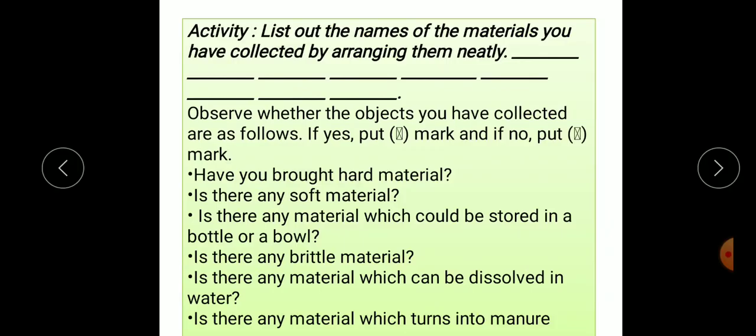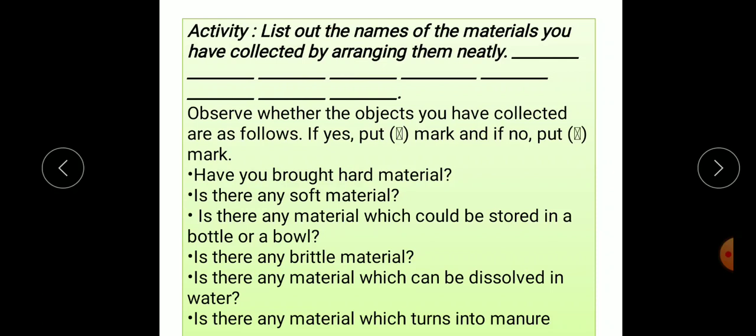Activity. List out the names of the materials you have collected by arranging them neatly. There are so many materials which you have collected, like a pencil, wood, clip, pen cap, book, stone, ink pot, dice, flower, grass, plate, comb and a bowl.